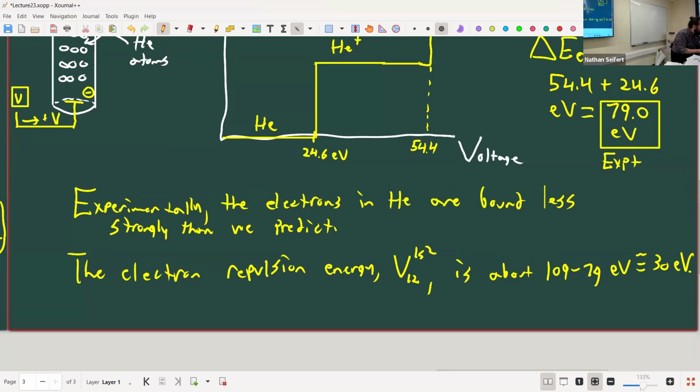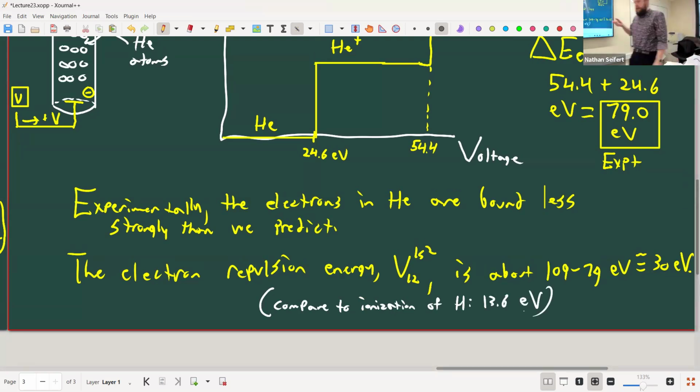Compare that to the ionization of hydrogen, which is 13.6 eV. So the amount of repulsion between the two electrons in the helium 1s state is twice the attractive energy of the electron to the proton in hydrogen.